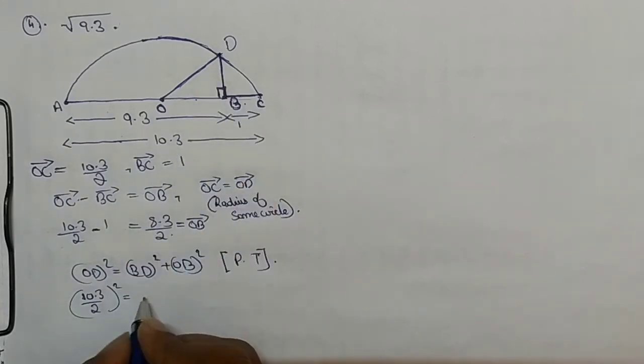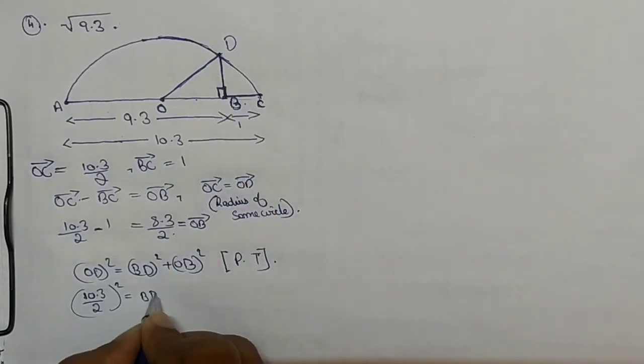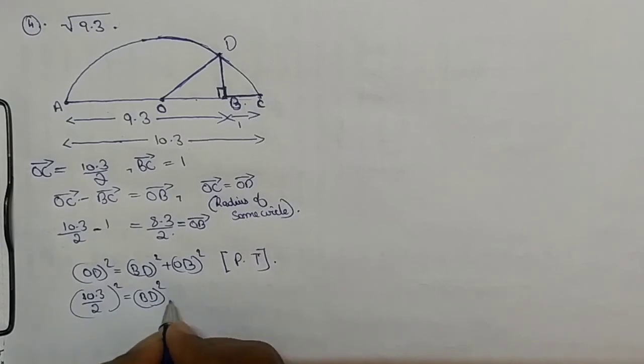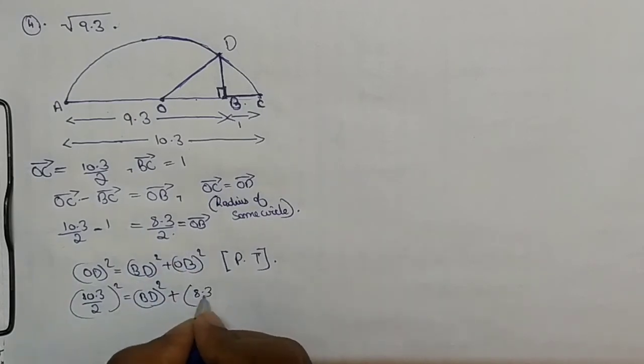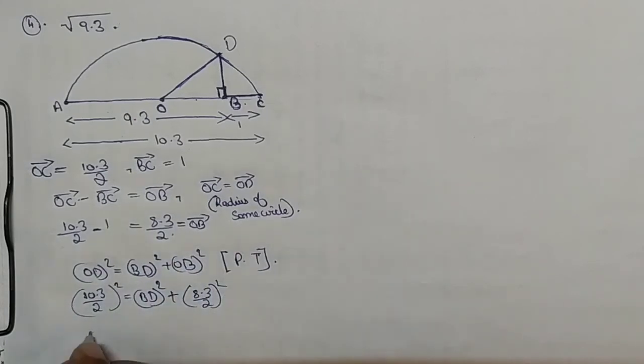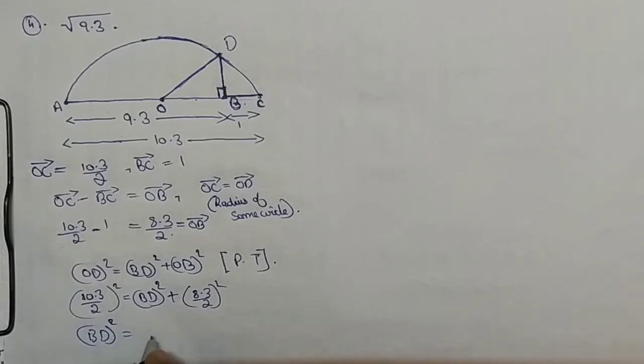BD we need to measure, and we need that BD to be the square root of 9.3 plus OB square. OB we know is 8.3 by 2 square. Do all the calculations and you will get BD square is equal to 9.3.